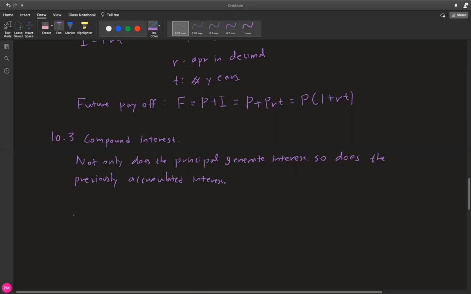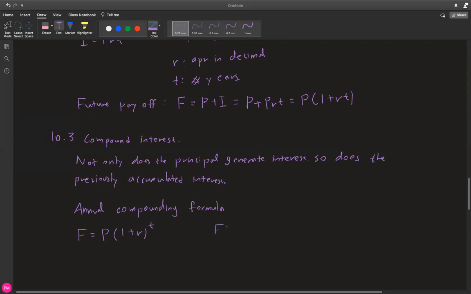The annual compounding formula goes like this. The annual compounding formula is given as f equals p multiplied by 1 plus r to the power of t.